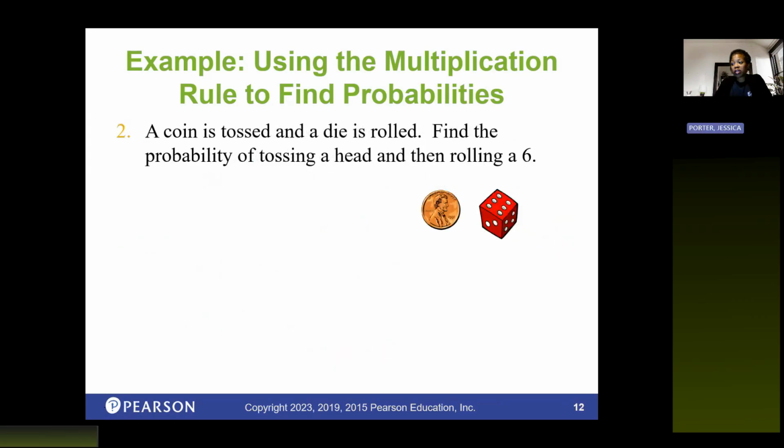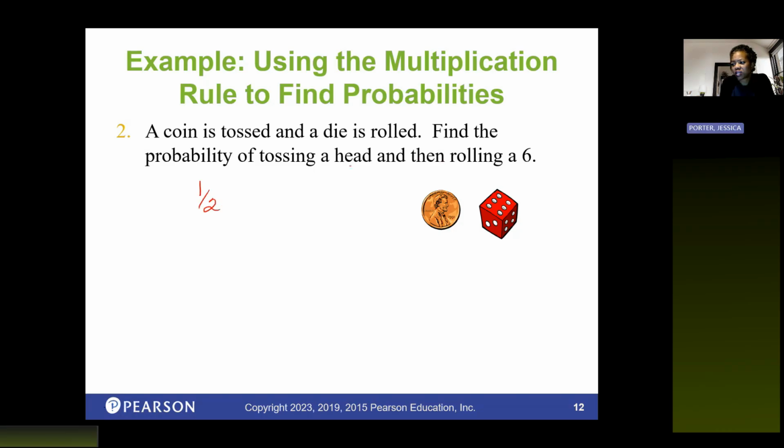What about this one? A coin is tossed and a die is rolled. What's the probability of tossing a coin and getting a head? Okay, so we got half.